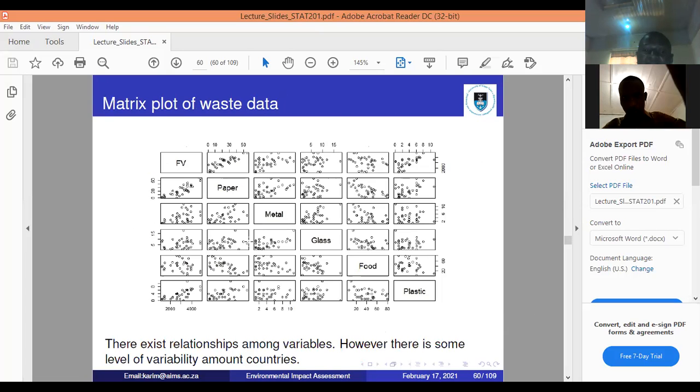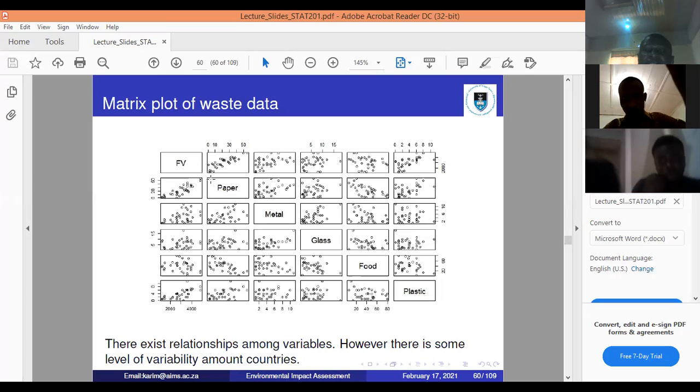So here is the scatter plot. Now if you take the fuel value, which is here, we'll take the fuel value against the paper, which is in this rectangular box here. You can see that as the amount of paper increases, the fuel value also increases.